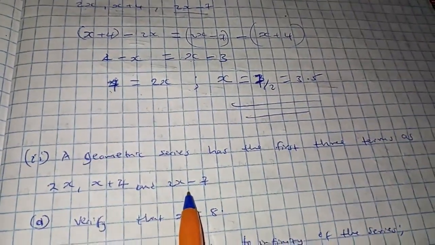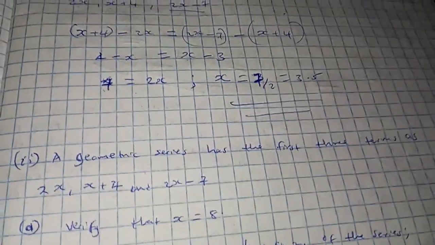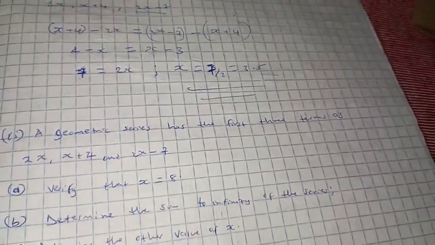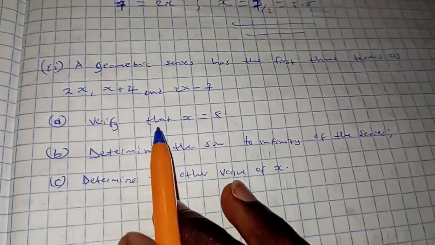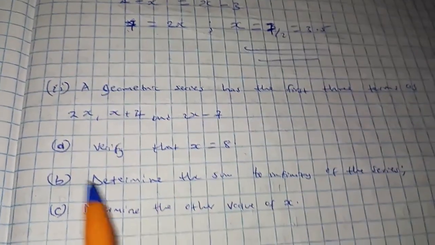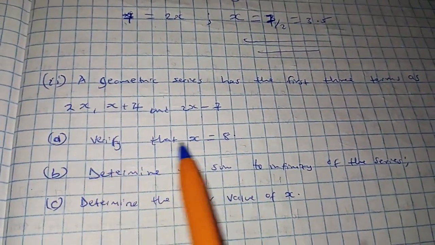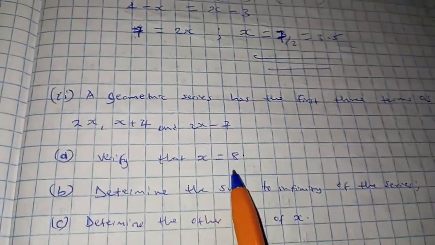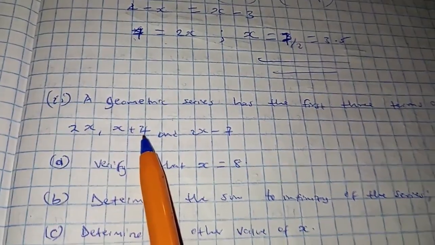Or the question can read maybe: taking the above AP to form the first 3 consecutive terms of a GP, find the value of x. But this time I can see you are given the answer. You are told to verify that x equals 8, or the value of x up here will be 8.